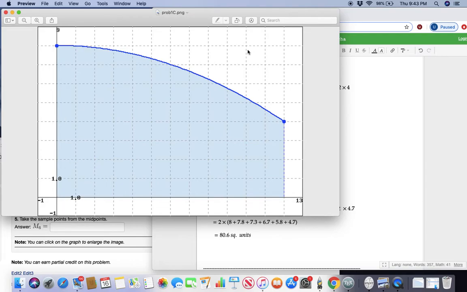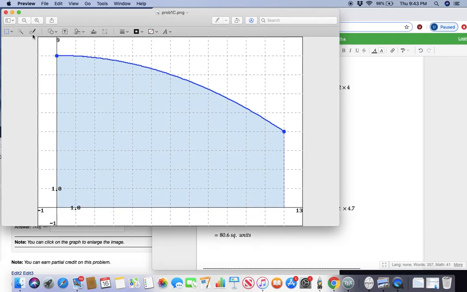The same story, except you are using height based on the midpoint. So I still want 6 rectangles. So I'm going to take width 2 to fill up all the way to 12 and get 6 rectangles. Now this time I'm going to take the midpoint and use that as the height.